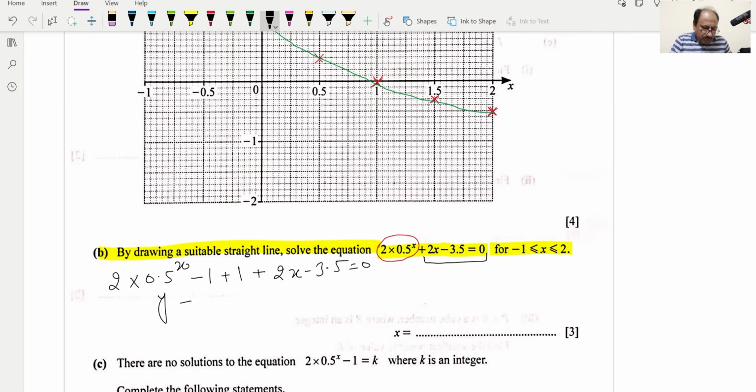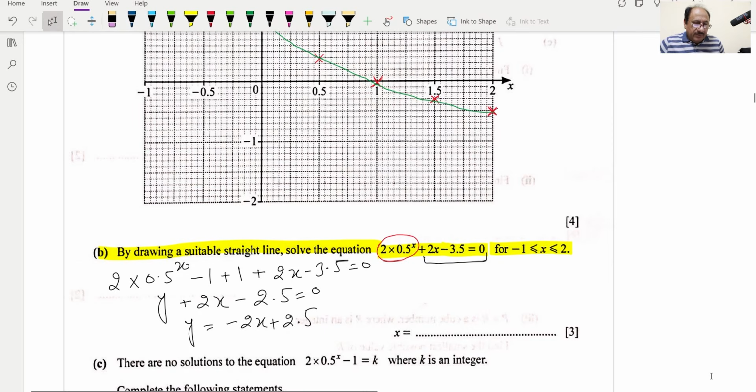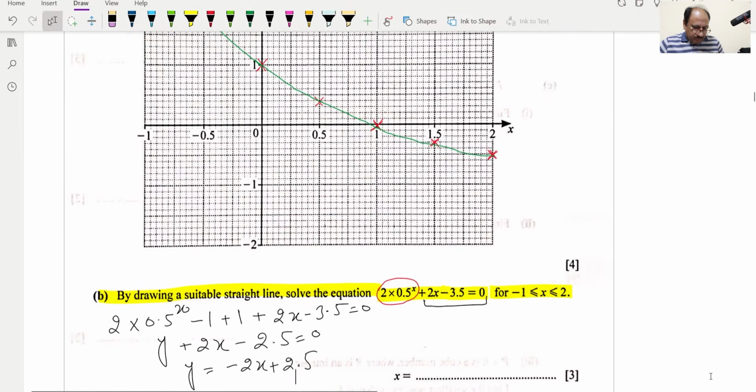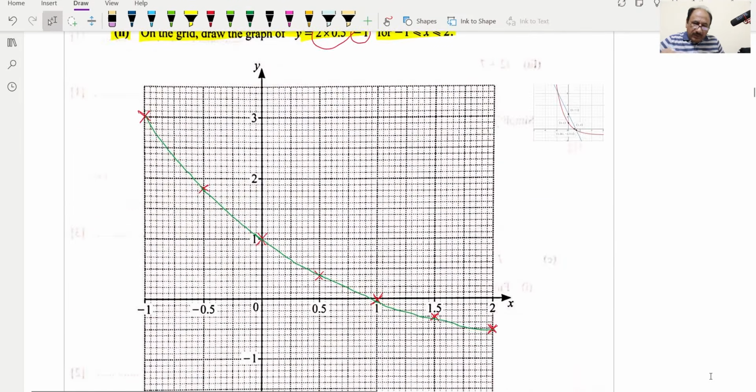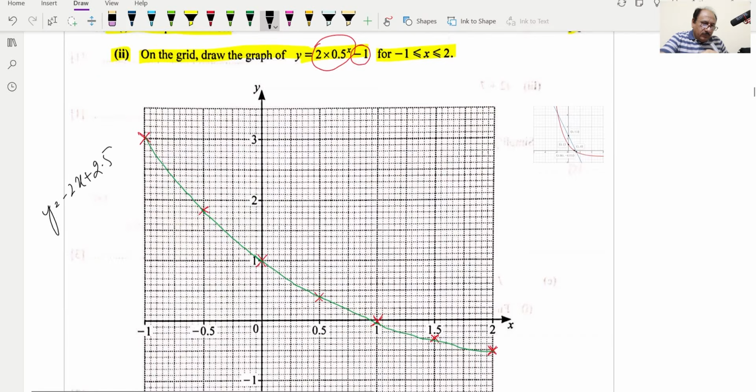Before that I write 2x, so plus 2x minus 2.5 is equal to 0, and our equation will become y is equal to minus 2x plus 2.5, and this will be the equation which we will be drawing. y is equal to minus 2x plus 2.5, so this line is basically passing through 2.5.